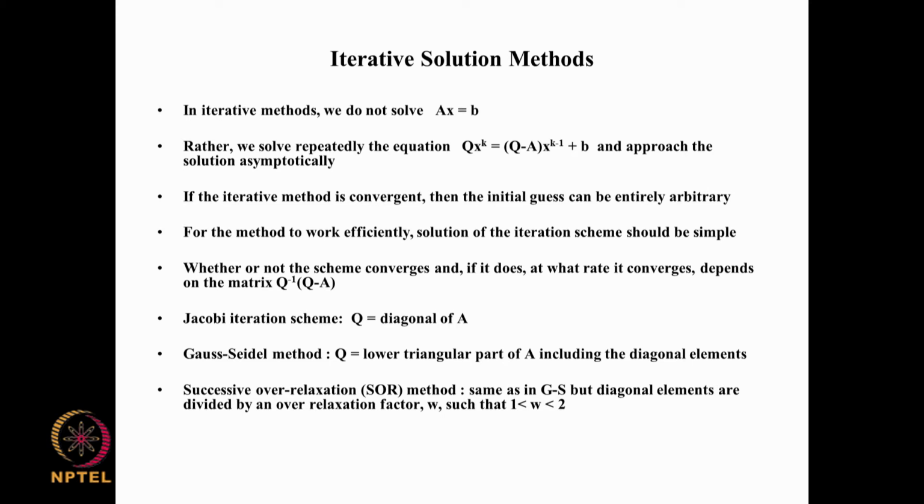We can have an explicit way of calculating successive values of xk from xk-1. And not only that, we have a fairly simple robust rule for checking whether, for a given Ax equal to b, the Gauss-Seidel method or Jacobi method will work, in the sense that whether or not they lead to a convergent solution.